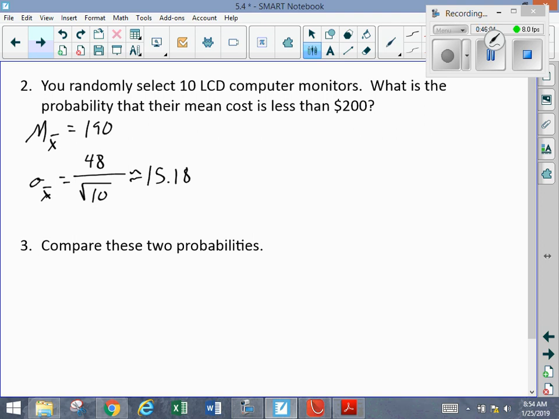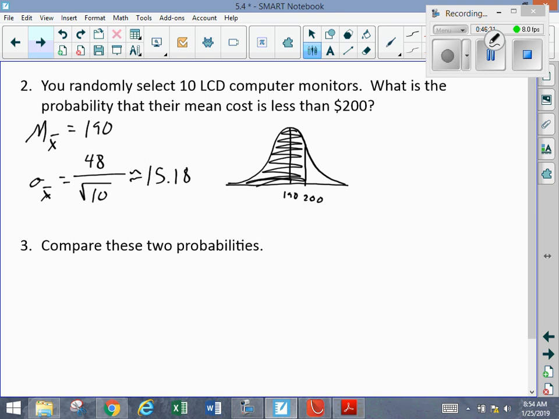So now, what are we looking for? The situation has changed slightly. Not the picture, though. The picture is the same. $190, $200, less than everything below.